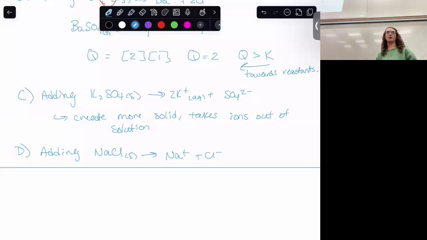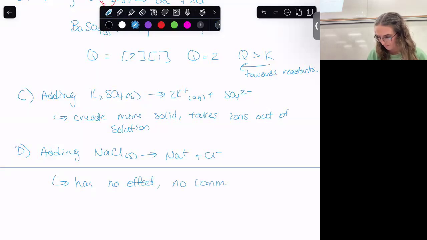Now, do we have any common ions with our original salt? Nope. So what is that going to do to K? Nothing, right? We're not increasing the concentration of anything. We're not decreasing the concentration of anything. This has no effect because there's no common ion.